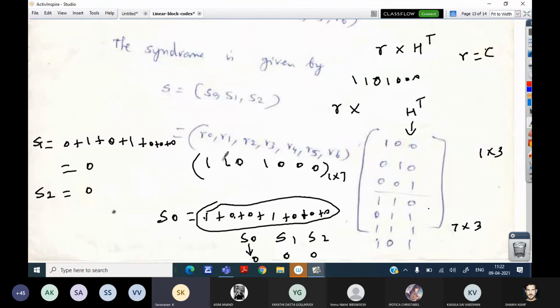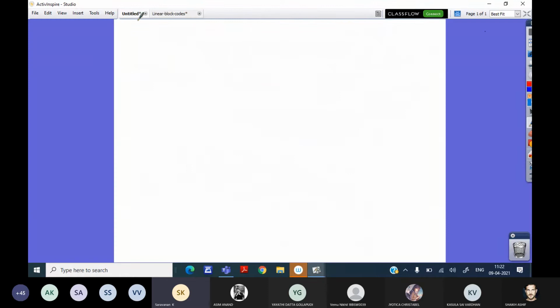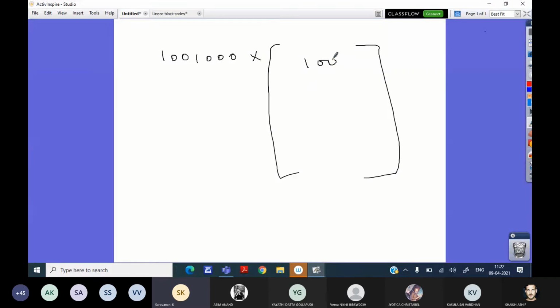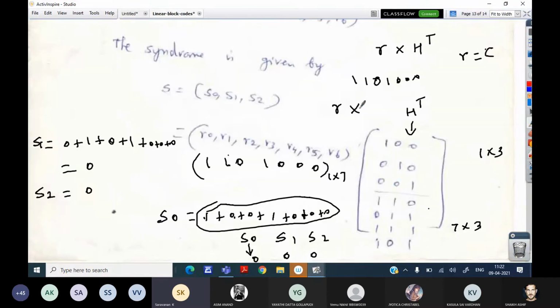Okay. So instead of this, if I modify one bit, I'm going to modify this bit, 110. So can you modify and tell me? Okay, 100. I'm multiplying this by H transpose. So can you tell me this H transpose value? 100. Somebody can read this.